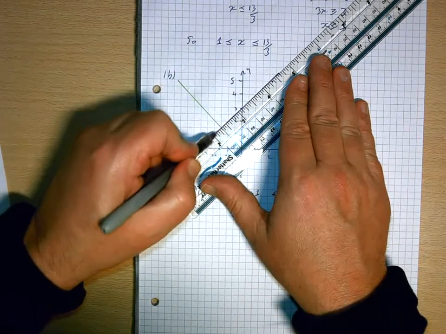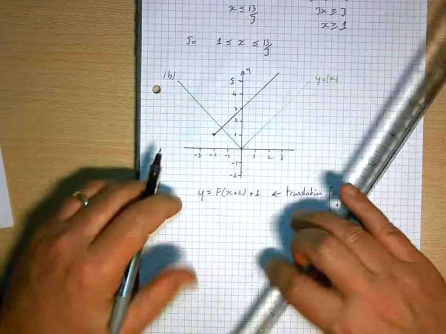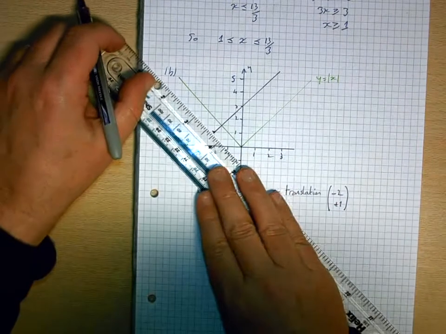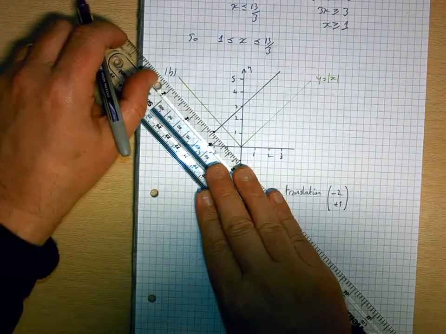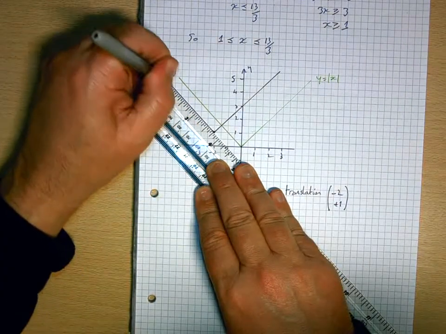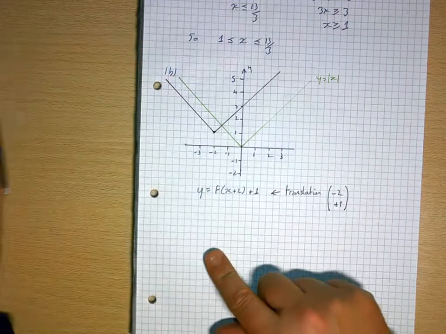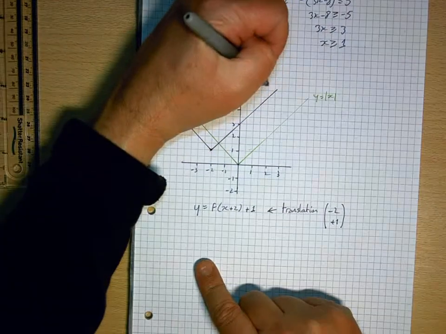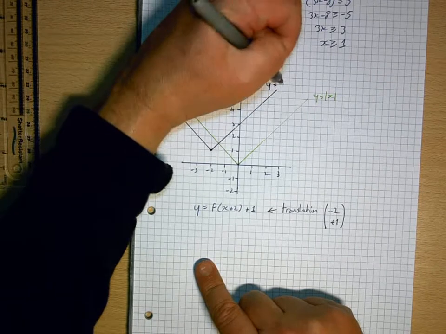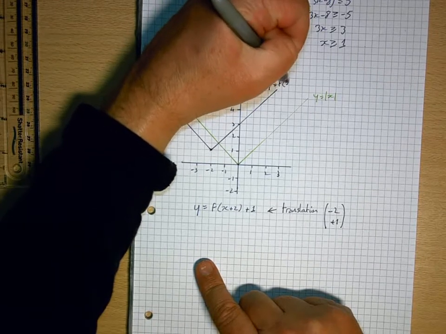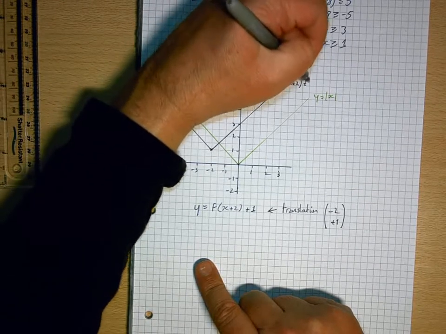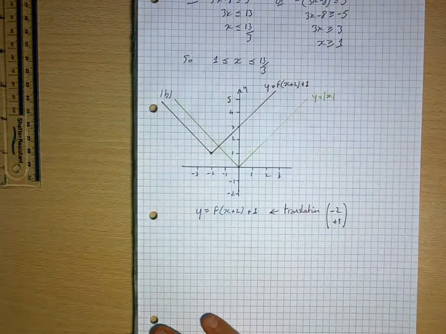So that's going to be the positive part of it. And that's going to be the negative part of it. So this will be y equals f(x + 2) + 1.